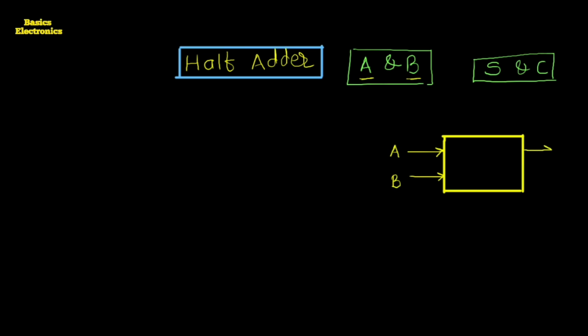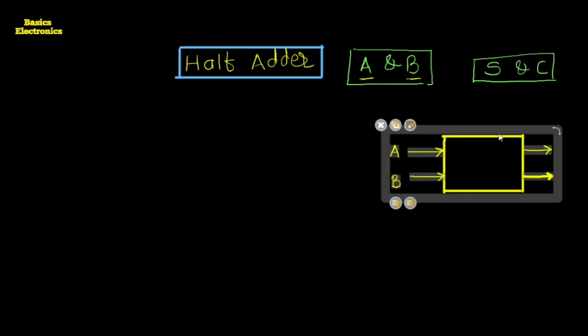We could show the outputs at the downward side, but as a standard symbol we show the outputs on the right-hand side of the diagram. So I am going to draw the two outputs, the sum and the carry.